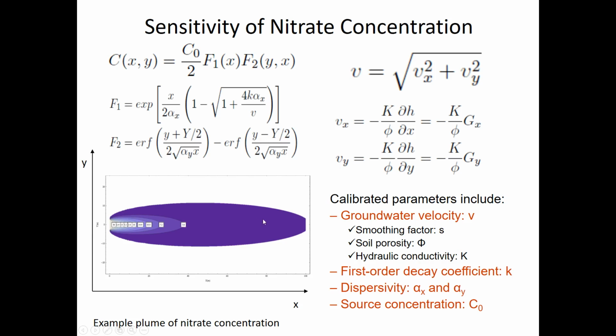So this is just one plume, but studying this single plume is going to help us understand which parameter is important to nitrate concentration. And the sensitivity of nitrate concentration may not be the same as the sensitivity of nitrate or nitrogen loading, but there is definitely a positive correlation. And the study for concentration is going to help us with load estimation.